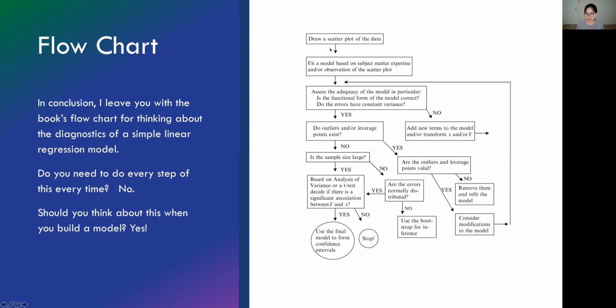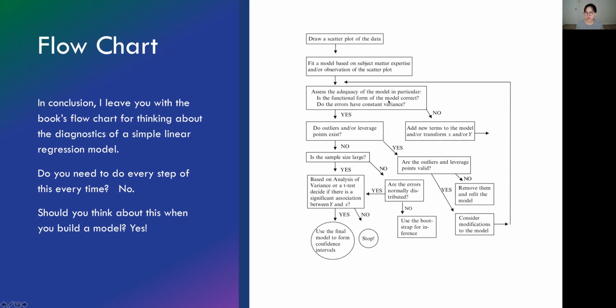So first of all, we always do a scatter plot of the data and get a feeling if it's really linear or not, and see if there's a potential problem with the data, outlier, or whatsoever. And then we fit a model based on subject matter expertise and or observation of the scatter plot. After that, you will assess the model in particular.